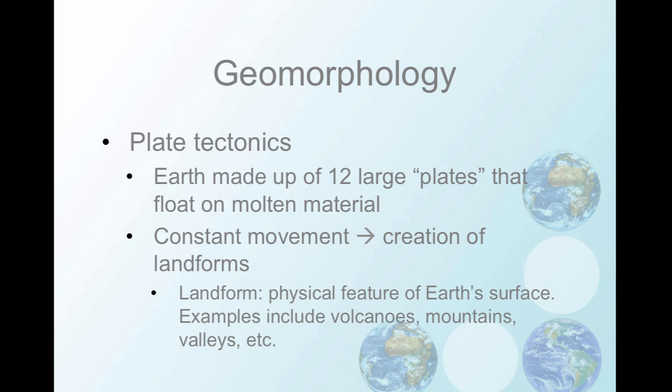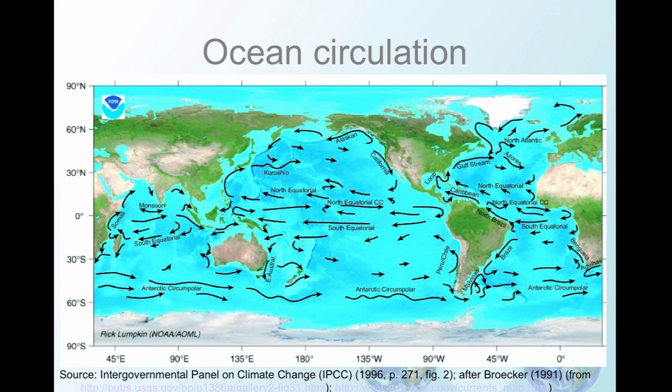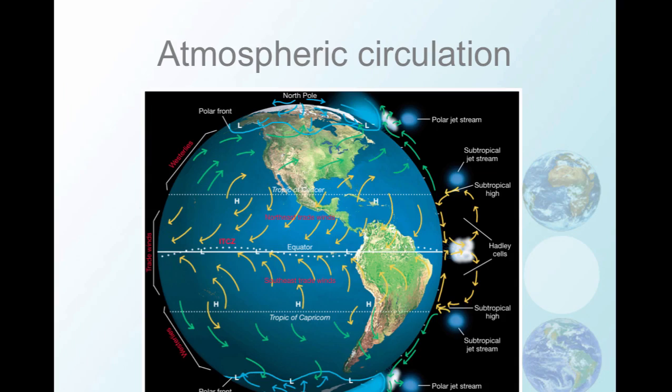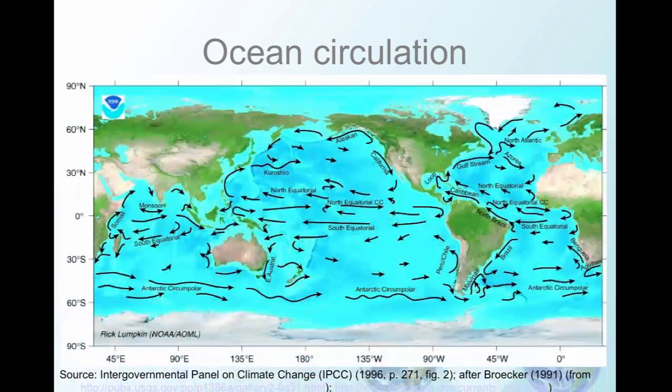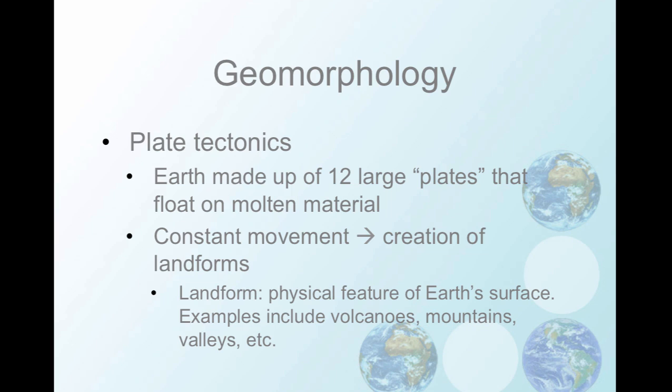And then finally, much as the fluid dynamics are acting on the atmosphere and on the water in the oceans, they are also acting on, in some ways, the continental plates that we live on top of and the molten material beneath them. So basically, the 12 large plates floating on this molten material are constantly in movement.